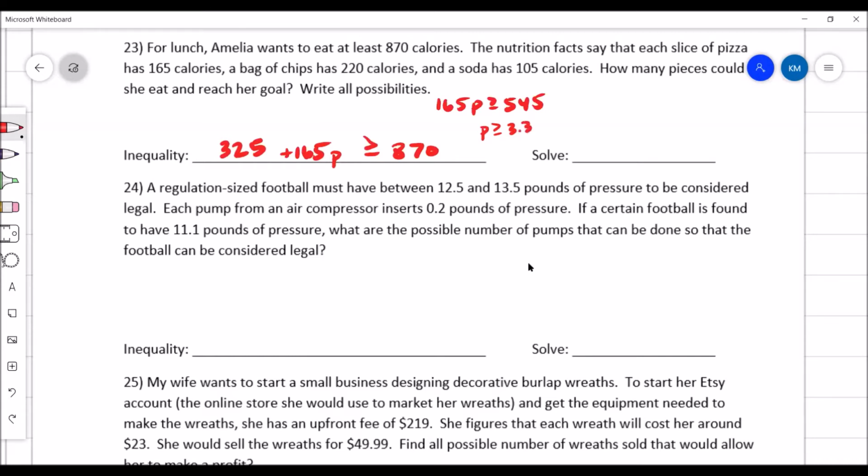Okay, so now if she wants to get at least 870 calories, I want to say that she's not going to eat 3.3 pieces of pizza because, what is that? Is that the crust? Is that included? To be safe, I would say she needs to eat at least 4 pieces of pizza to get that calorie count.